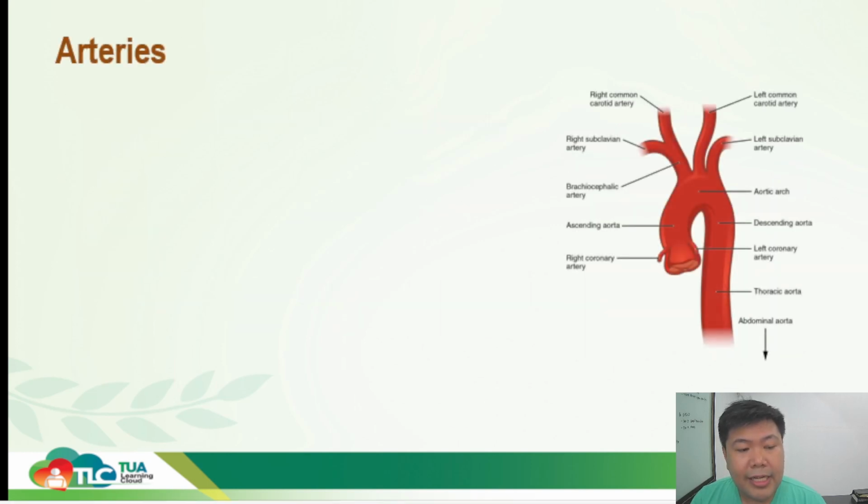For the arteries, it all begins with the aorta. Okay, so the aorta is the largest artery and it originates from the left ventricle. There are different divisions to the aorta, and the first one is the ascending aorta. Ascending because from the left ventricle it goes upwards or superiorly, and thus the name ascending aorta.